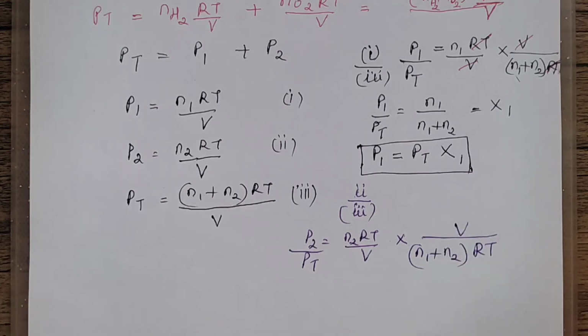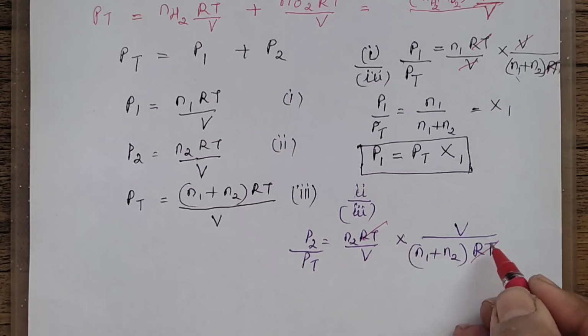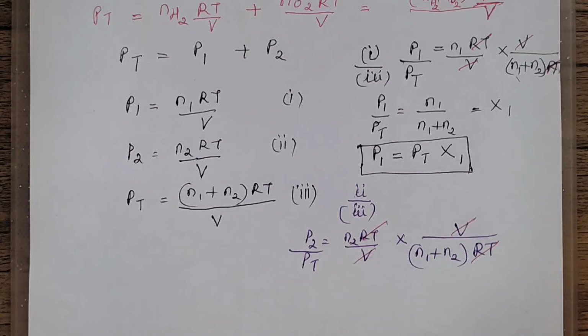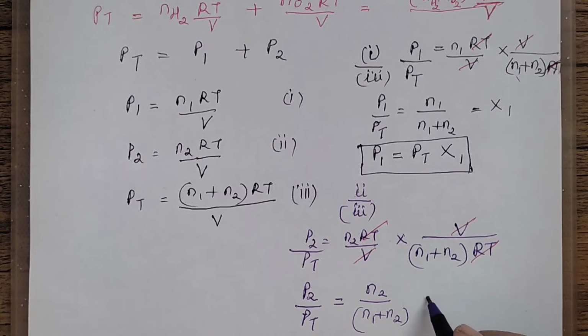So again, what all can we cancel out? RT by RT, V by V we can cancel out. What are we left with? P2 divided by P total is equal to N2 by N1 plus N2. Now what is this? This is the mole fraction of the second gas.